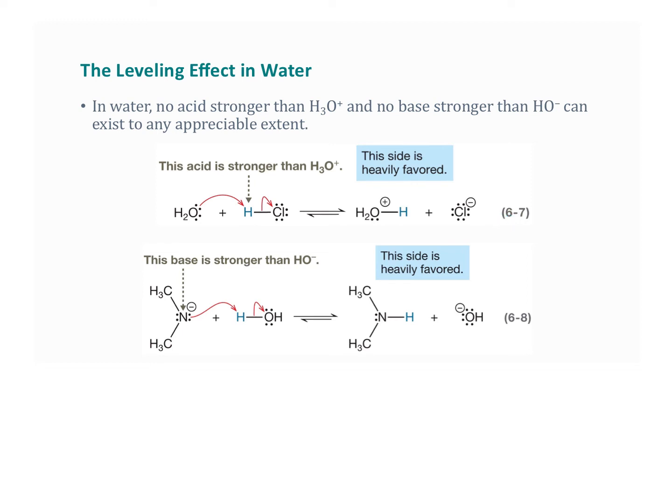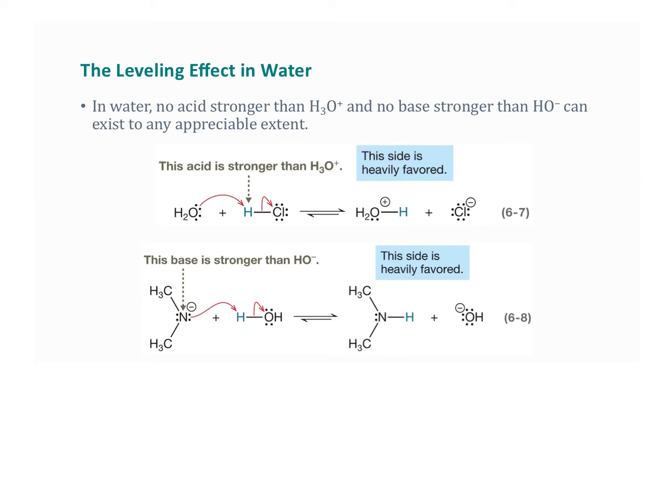Because HCl is significantly stronger than H3O plus, HCl is going to win that competition, and the product side is going to be heavily favored. That means that when HCl is added to the water, this reaction would take place until HCl was all gone, and you would only have H3O plus. So if you wanted HCl to react with something else, it's going to be all used up by your water. It'll be completely gone. And that's a problem, right?